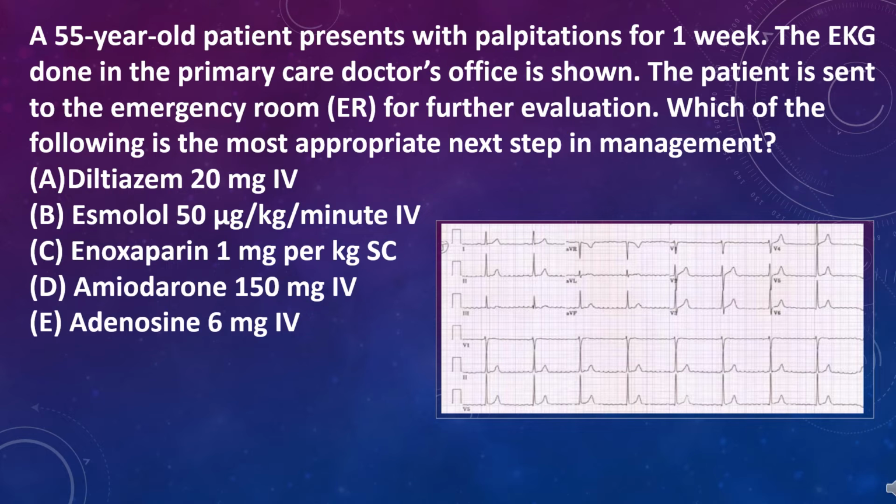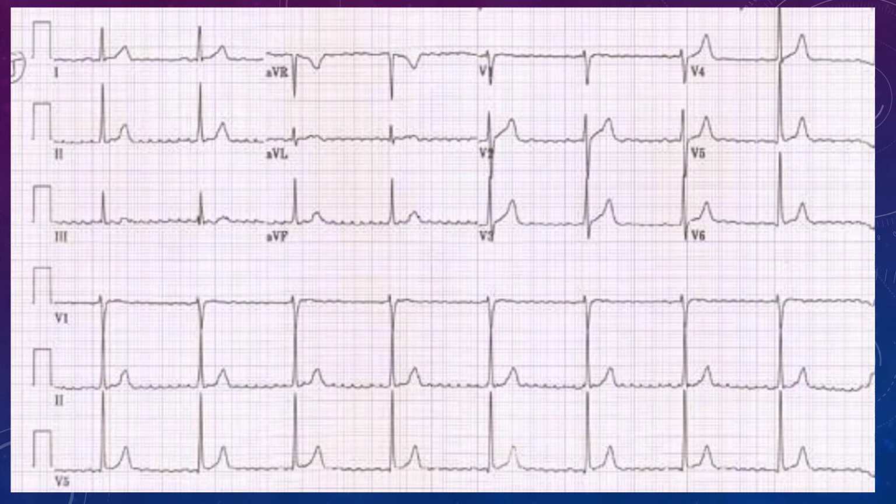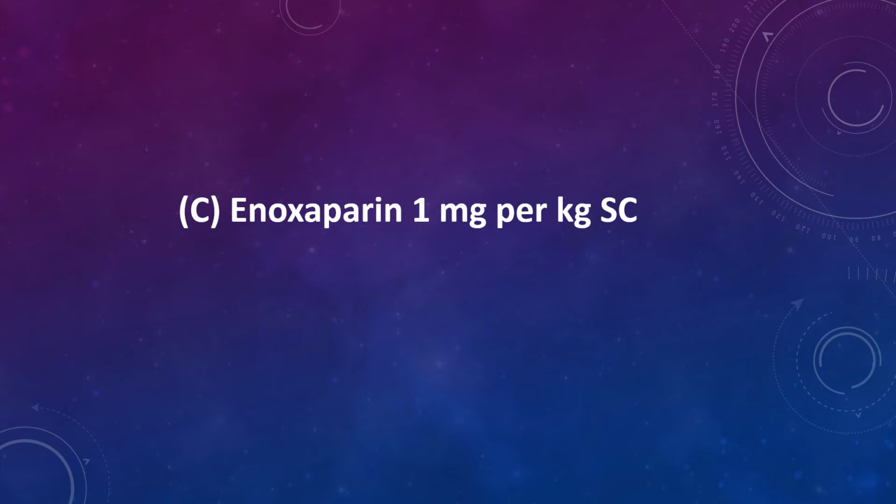B. Esmolol 50 μg/kg/minute IV. C. Enoxaparin 1 mg per kg. D. Amiodarone 150 mg IV. E. Adenosine 6 mg IV. C. Enoxaparin 1 mg per kg.